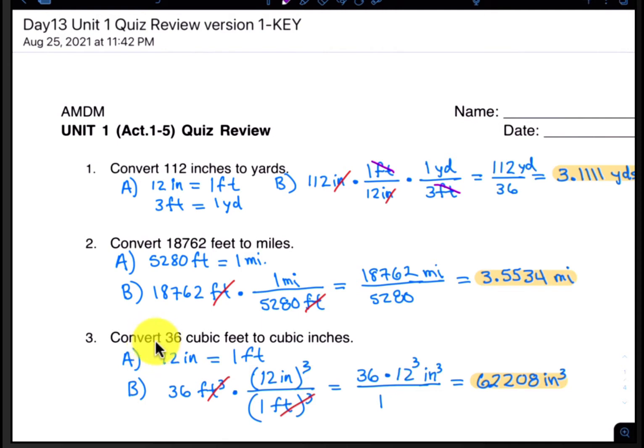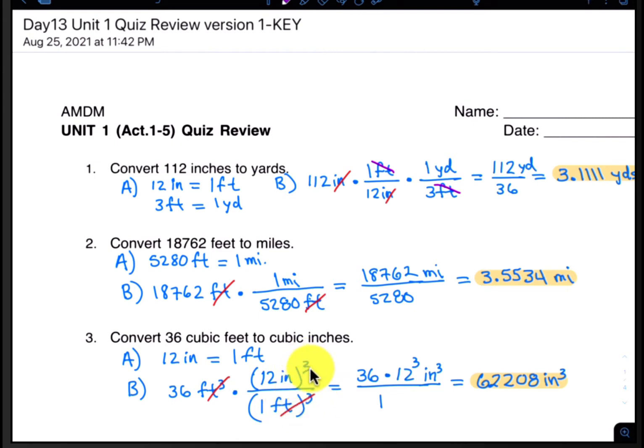Number 3 says to convert 36 cubic feet to cubic inches. In section A, we need the conversion that 12 inches is 1 foot. In section B, we start with what's given, which is 36 cubic feet, and we multiply that by 12 inches over 1 foot.